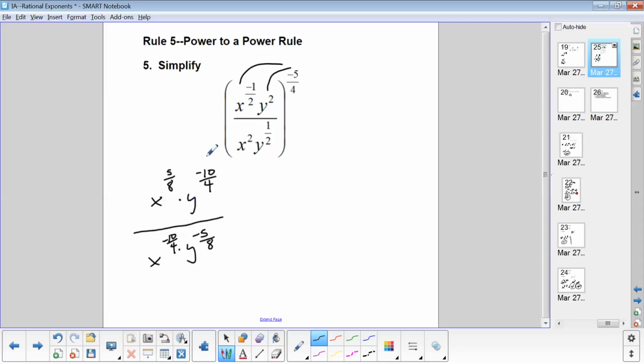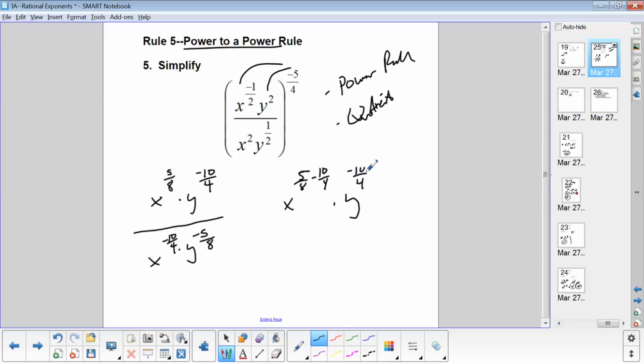So once I use power rule, now I need to use quotient rule. So I did the power rule, and now I'm using the quotient rule. So x to the 5/8 take away 10/4, and y to the -10/4 take away negative 5/8. That makes that positive.